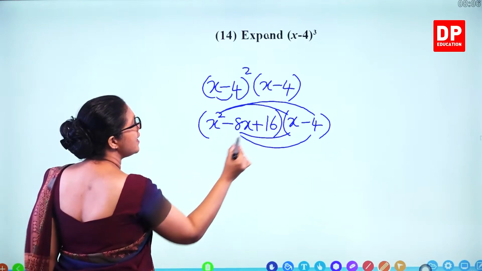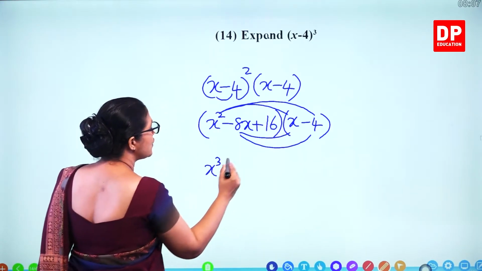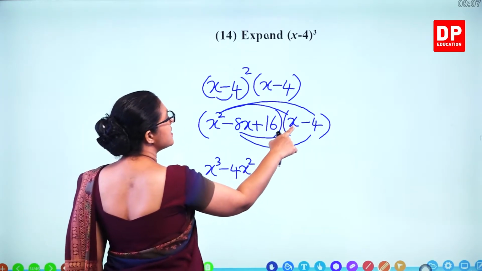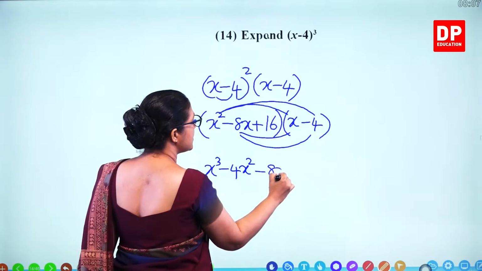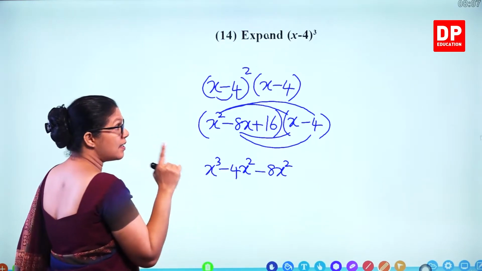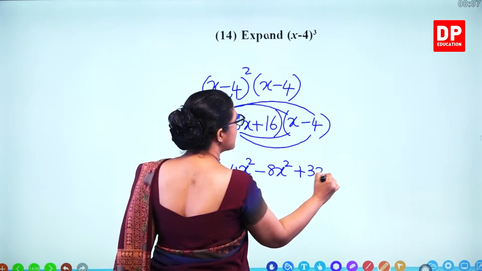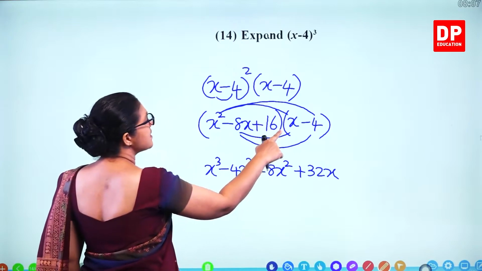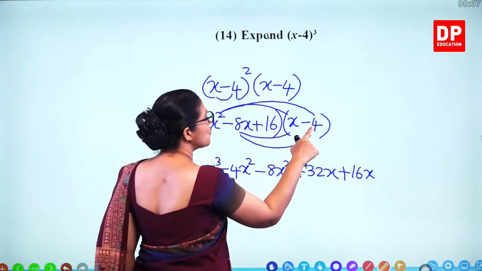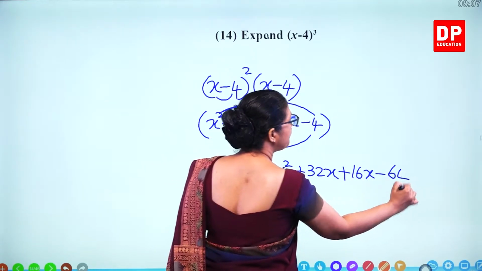So x squared into x is x cubed. x squared into minus 4, minus 4x squared. Minus 8x into x, minus 8x squared. Minus 8x into minus 4 becomes plus 32x, and 16 times x, 16x. 16 times 4, minus 64.